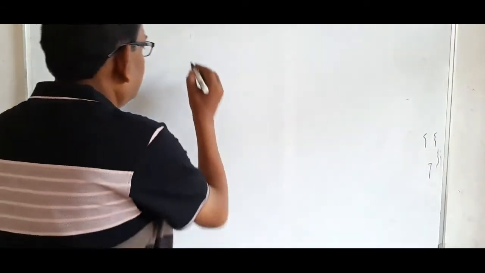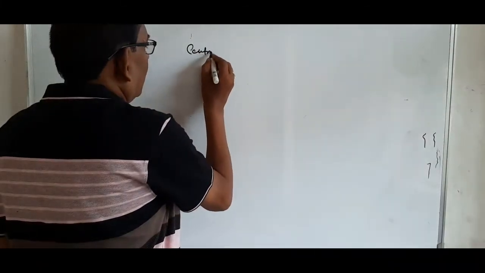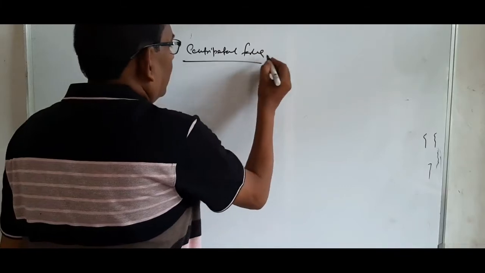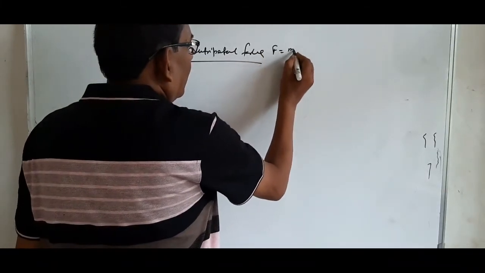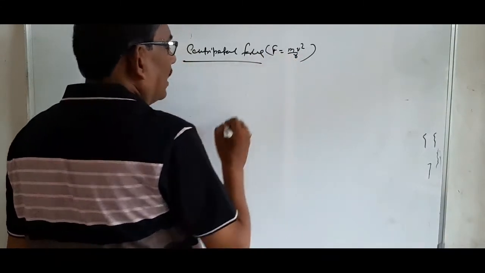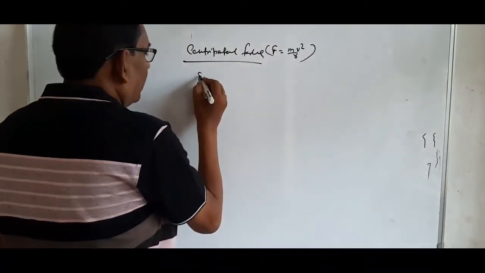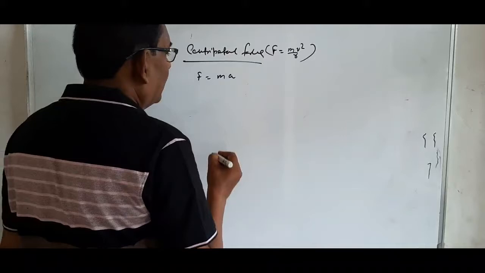Centripetal force. F is equal to mv square by R. From Newton's second law of motion, you know that F is equal to ma.